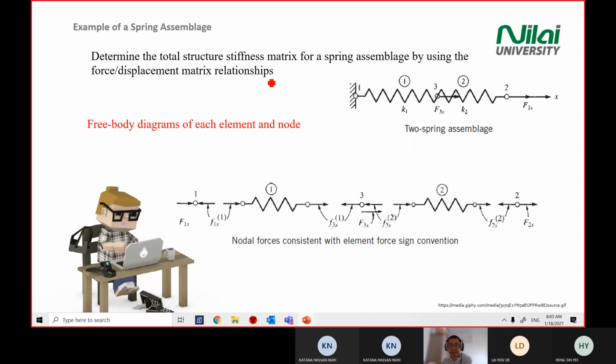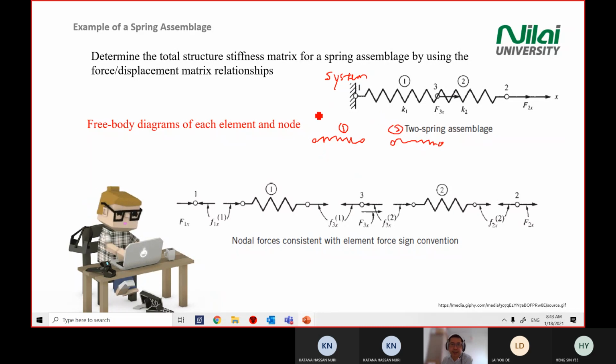What is a system? What is an element? This is a system, a complete system, which means the assembly. Then you break this one into 2 springs: spring number 1, spring number 2.